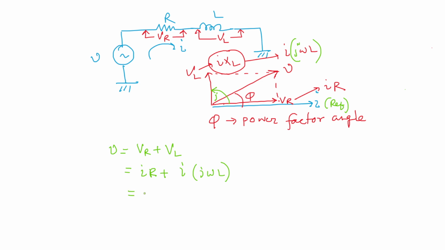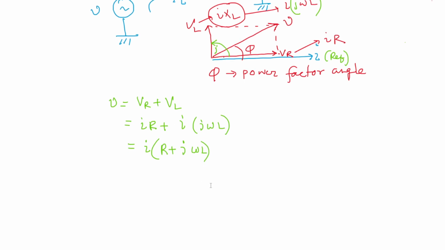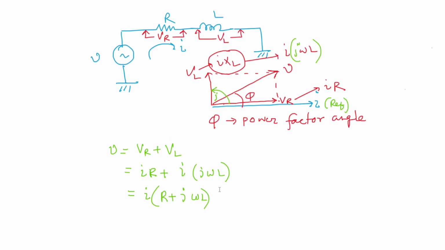If you take I common, in the bracket we have R plus J omega L. If you have R here, then J omega L should be along this, because J is represented by a 90-degree rotation.